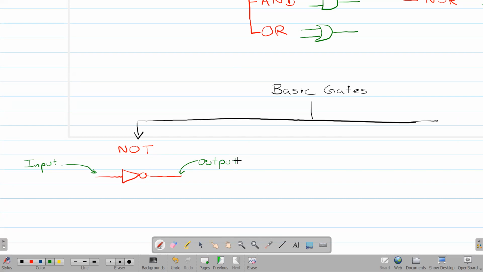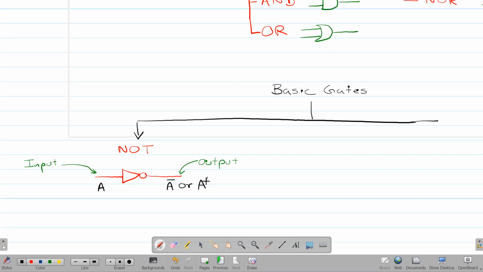There is a particular way that this NOT gate is working, so we express that using a Boolean variable. We say when A is provided to the NOT gate, it is going to provide you something called A bar, or we can write it as A dash as well.